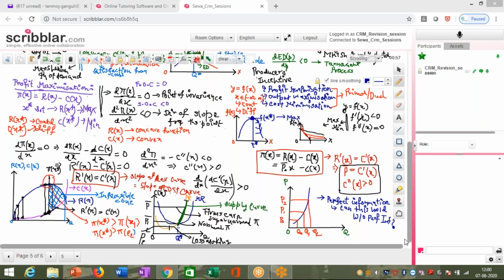So let's start afresh with the demand curve and the consumer's utility maximization from the next class onwards, right? And if I'm able to take a class during the weekdays, I'll let you know 24 hours in advance and then we can have a discussion.